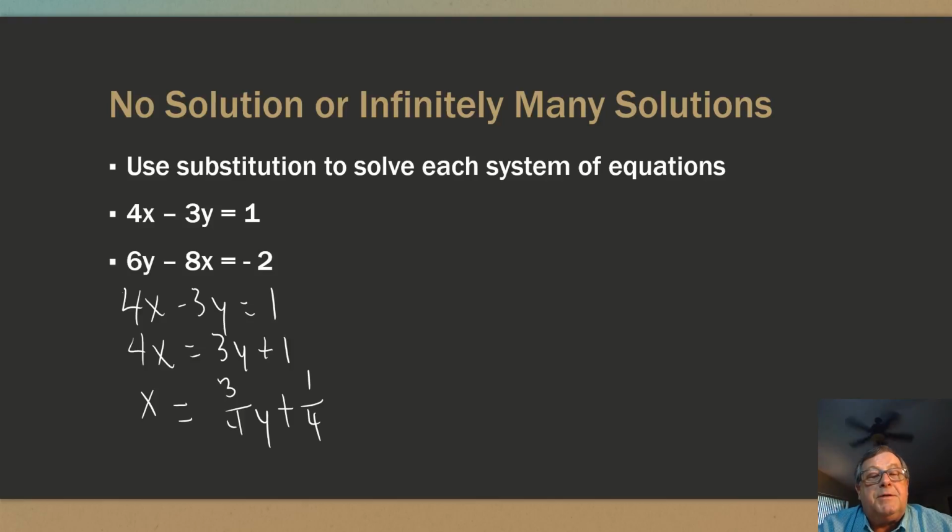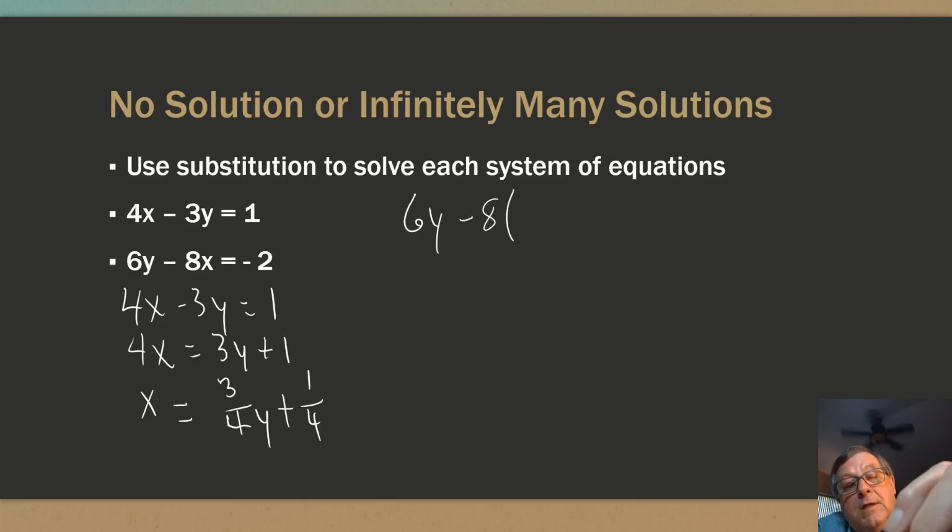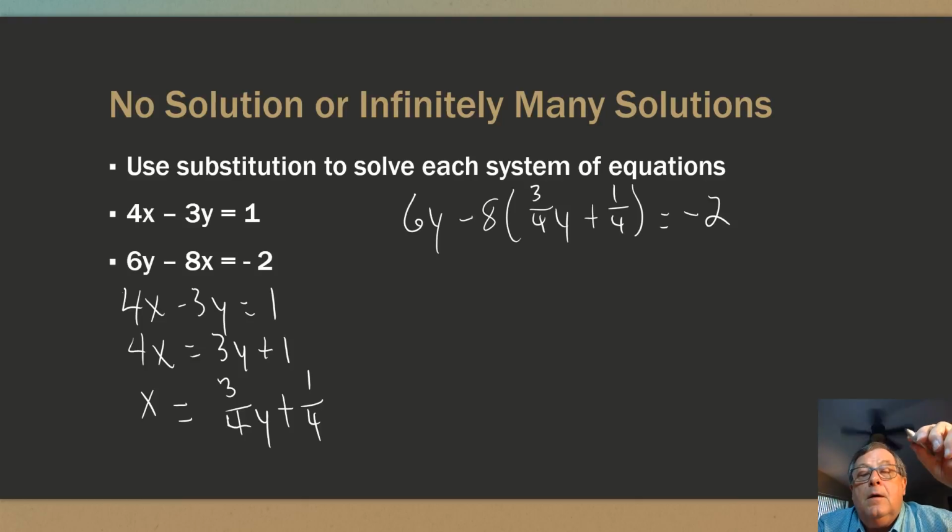And now I'm going to substitute that in for x into the second equation. So then I would have, and solve for y, so then I'd have 6y minus 8 times 3/4 y plus 1/4 equals negative 2. Well, let's see. 8 times 3/4 y.